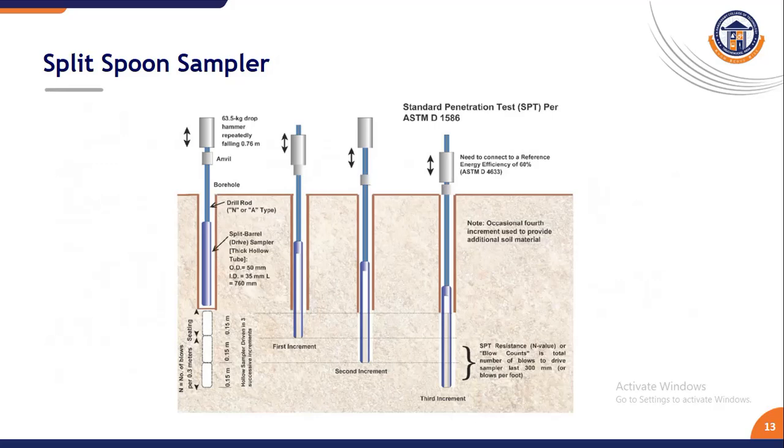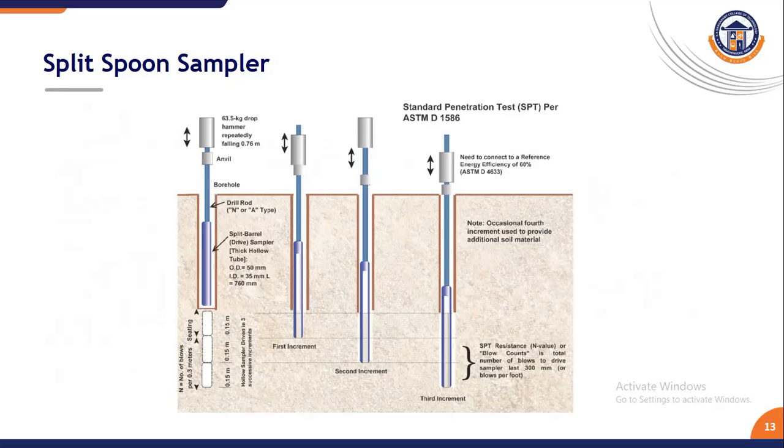First, a 63.5 kg drop hammer repeatedly falls 0.76 meter using the drill rod. In the borehole, for every 0.76 meter the sampler penetrates into the hard strata.